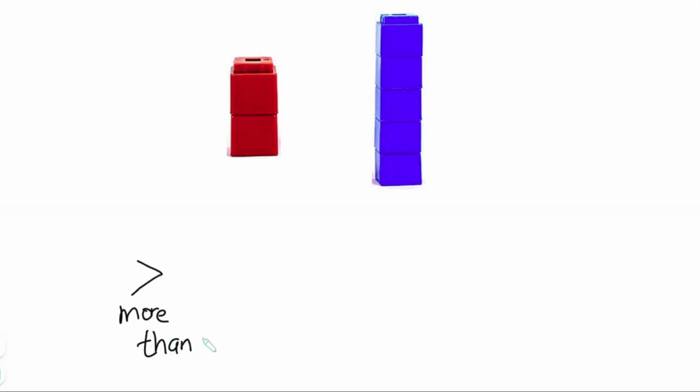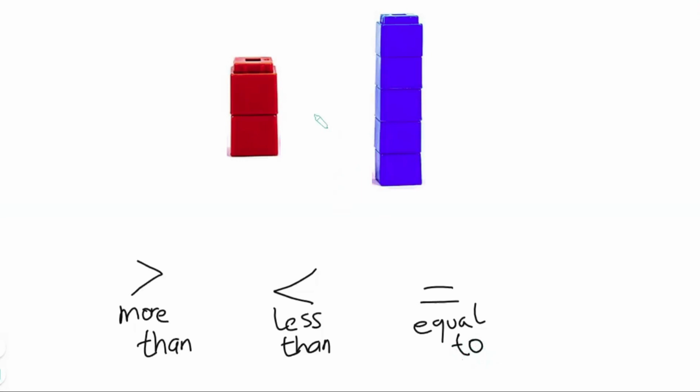We have another symbol that means less than, less than. And we have another symbol which means equal to, equal to. We're going to pop one of our symbols in between our objects.